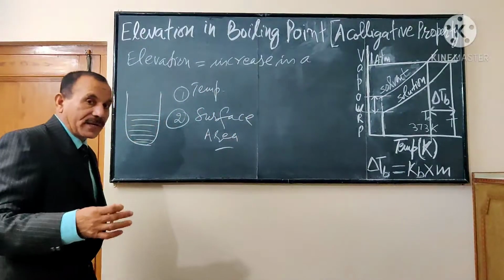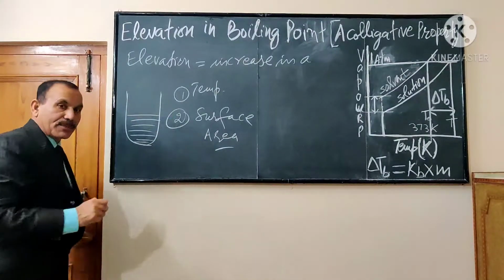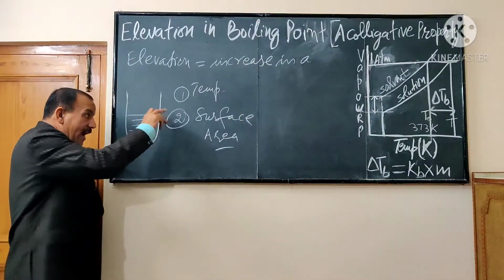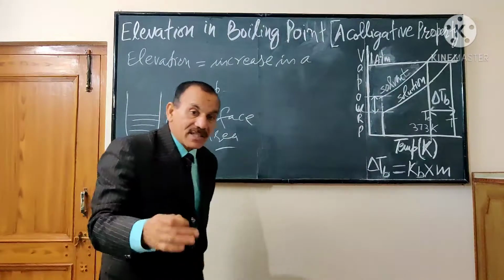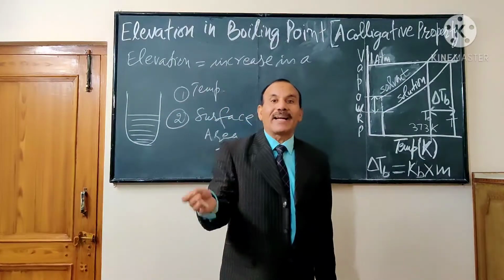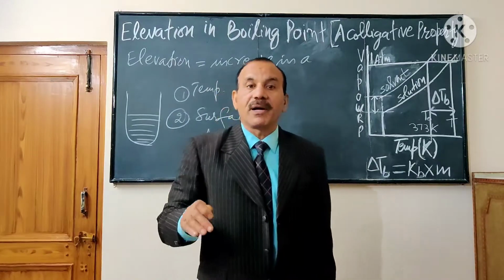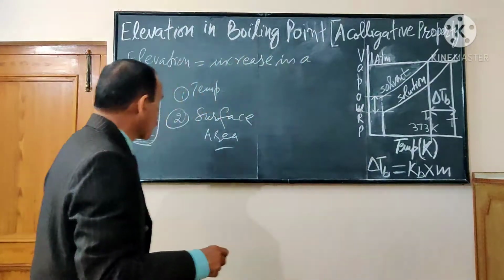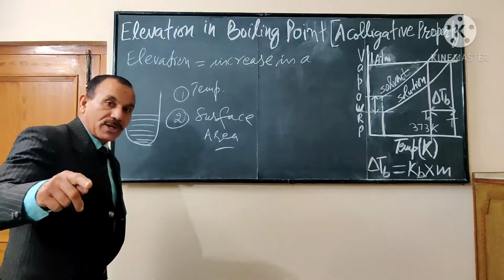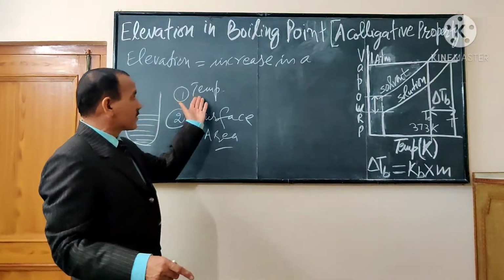These two factors are very important. Here we will increase the temperature and there will be a change in surface area on adding solute to the liquid under consideration. So the rate of evaporation depends on temperature.